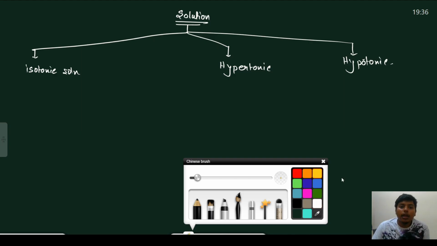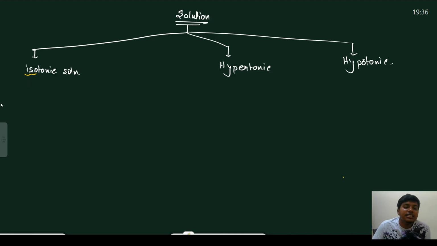Almost, you know, iso means same, right? So when you take two solutions, A and B, when the osmotic pressure of A is equal to the osmotic pressure of B, that kind of solution is known as isotonic solution. Now in this case, what will happen? No exchange is there, yes or no?